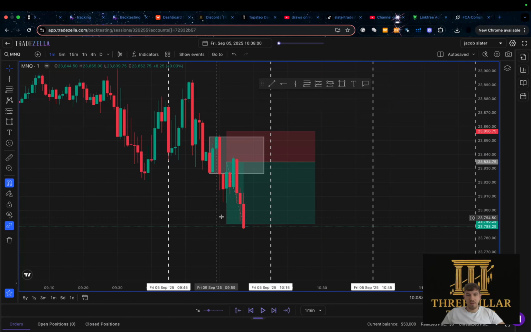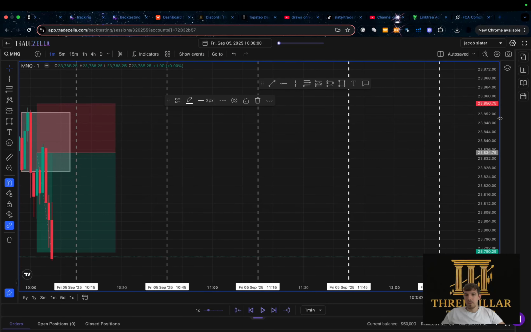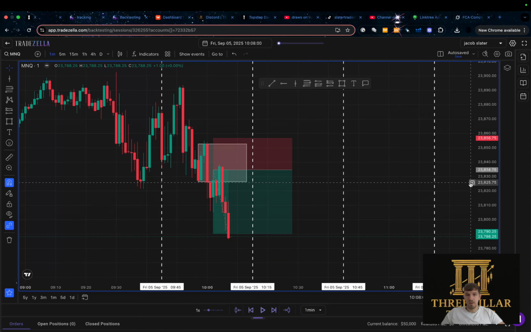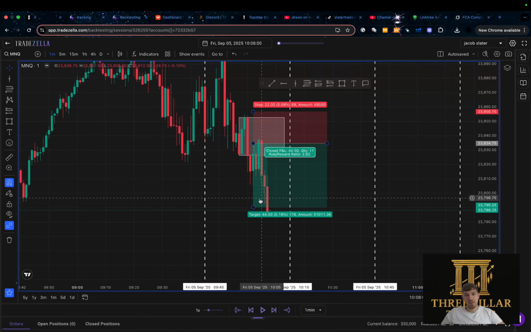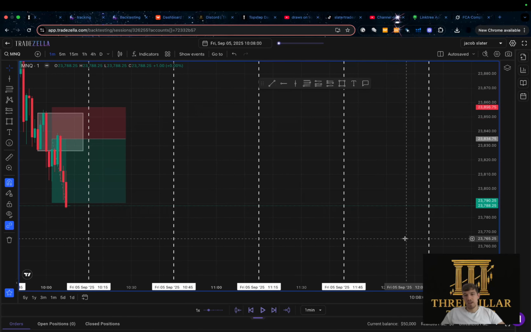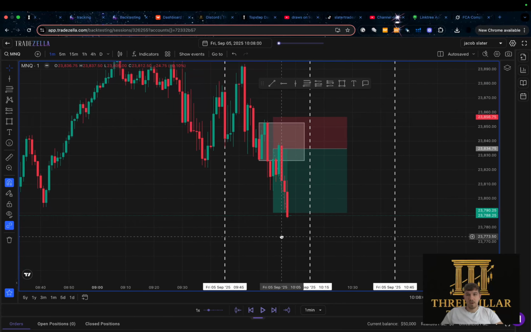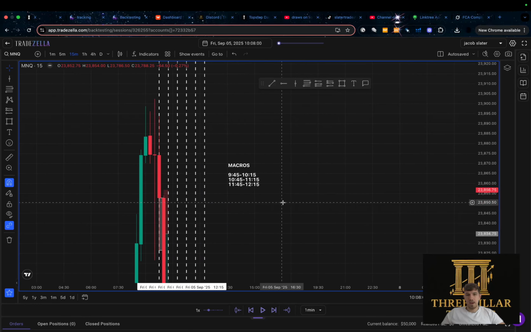It's got to be within this macro, and this macro. I don't care if you see the cleanest model present itself outside a macro window, you don't trade it. It's not part of what we're doing. If you want to stay disciplined, you're taking it within these windows of opportunity and the most high probable setups within these as well. So that's basically all we need to cover on macros, to be honest.